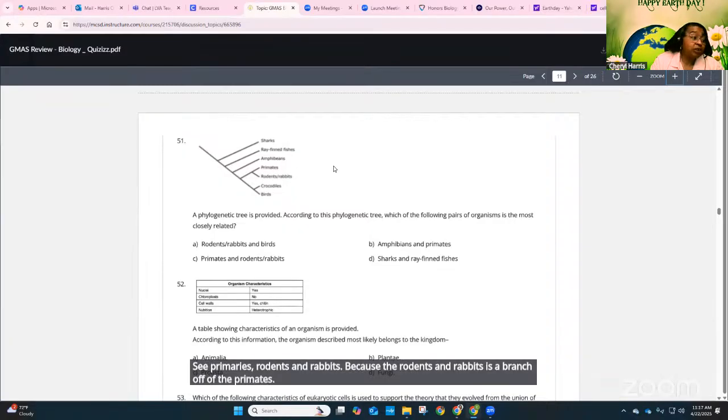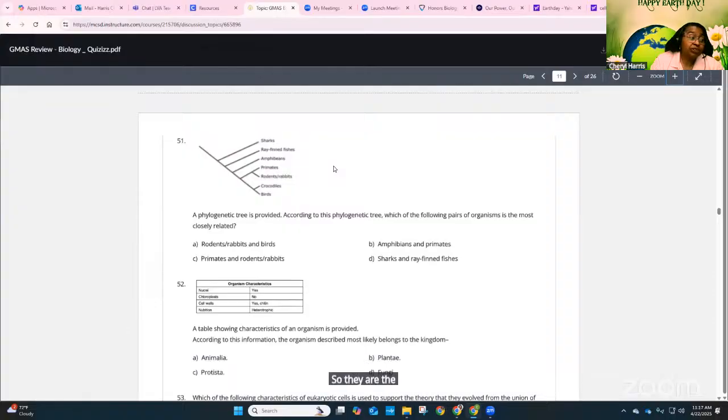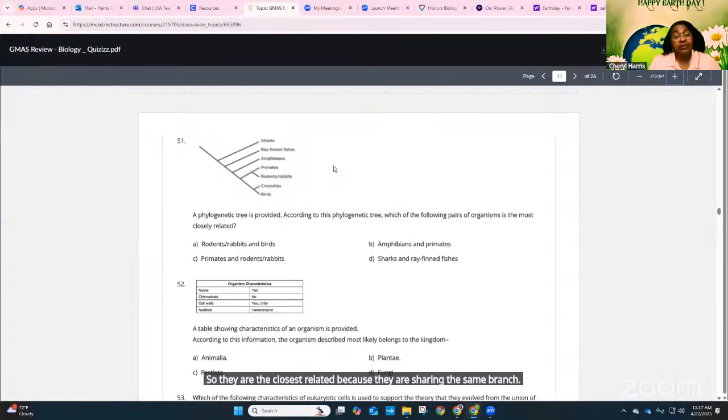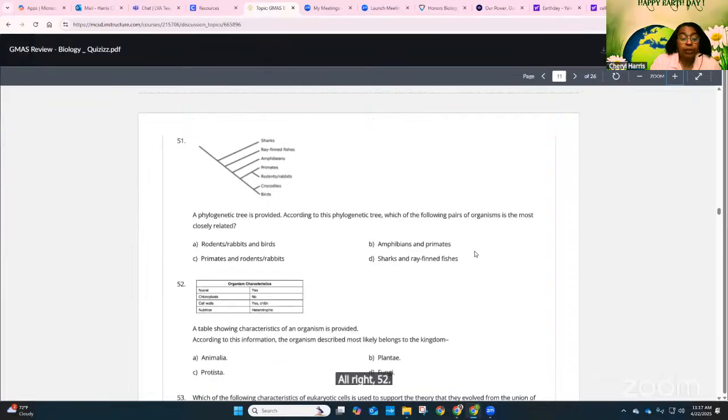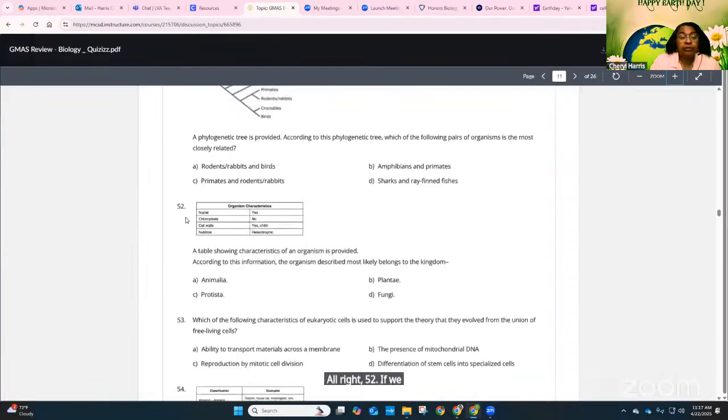So they are the closest related because they are sharing the same branch. Okay, so again, study the branches, who's close, who's not, and that tells you who's more closely related than the other. All right, 52. If we're looking at this, the table shows the characteristics of organisms provided.